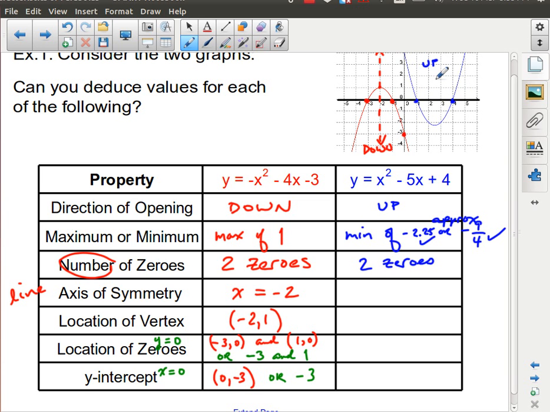The axis of symmetry. Again, this one is just going to be an estimate. Now I have a bit of an advantage because I'm the one who created these graphs. So I actually know that my guess is actually correct, and in this case it's x equals negative 2.5. Sorry, I said negative, but it's not negative, it's positive 2.5.